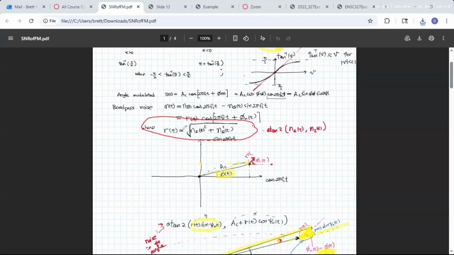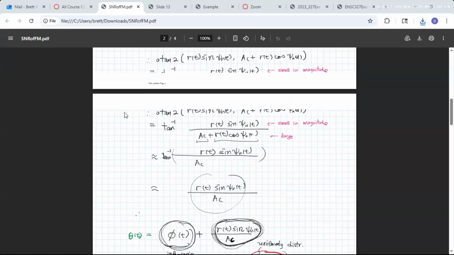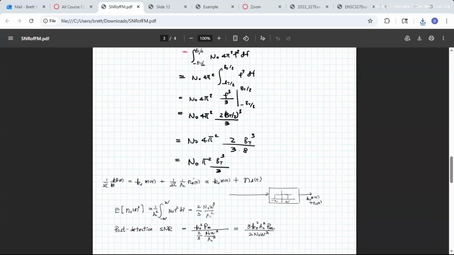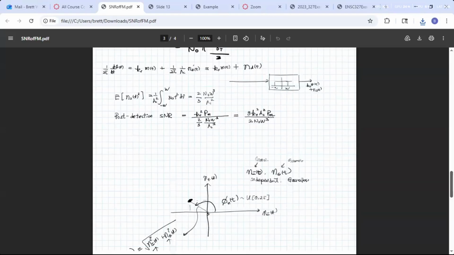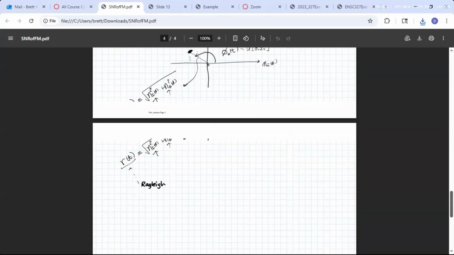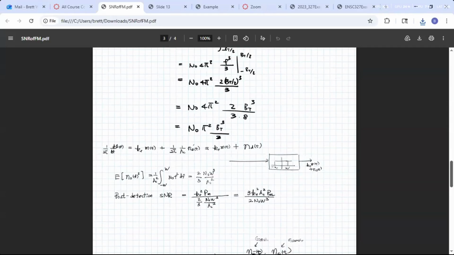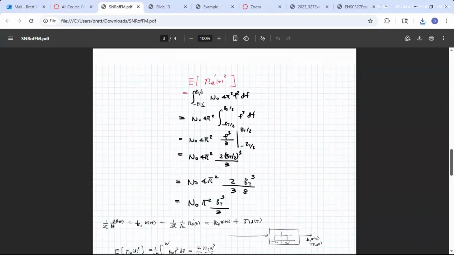But it's not too bad. It's interesting if for some reason you have spare time while studying. But in the end, let us see quickly where he does the final ratio here. So here's the post detection. Did he not manage to finish it? So here's the expected value of the noise.